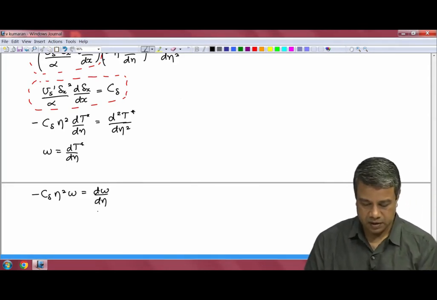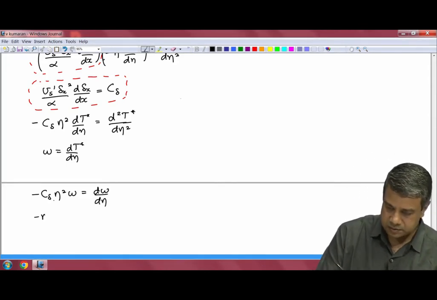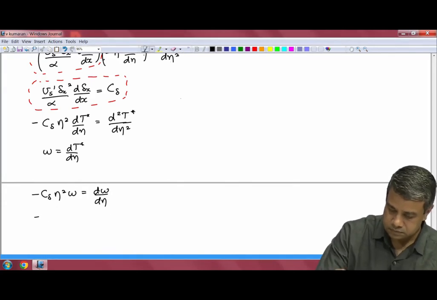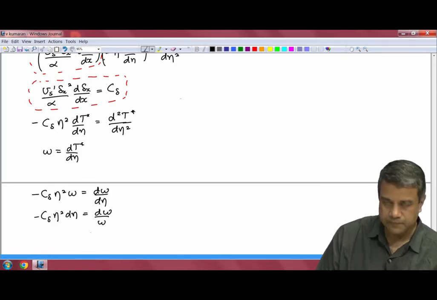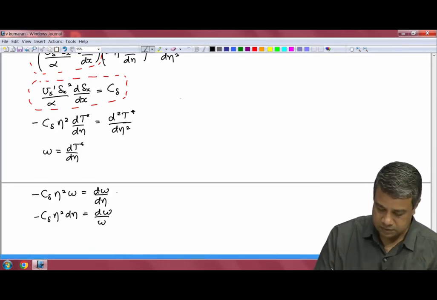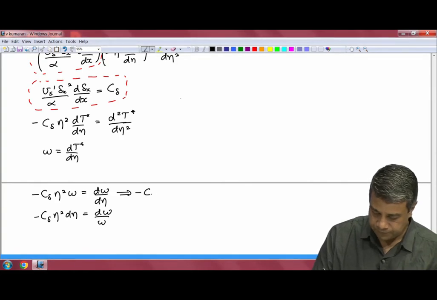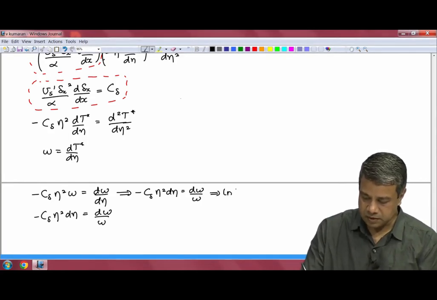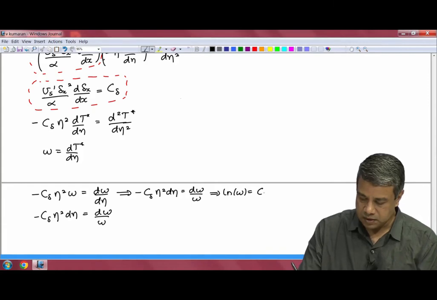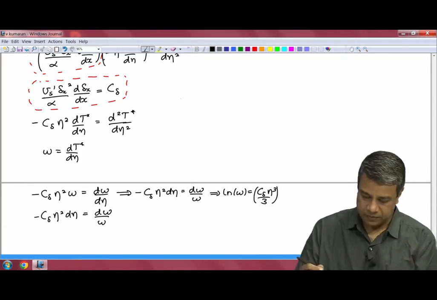Integrate once: minus C delta eta square d eta is equal to dw by w. Which implies that the natural logarithm of w is equal to minus C delta eta cubed by 3.